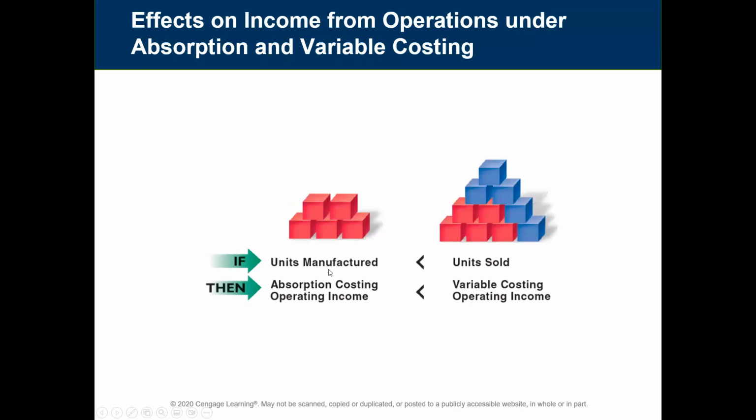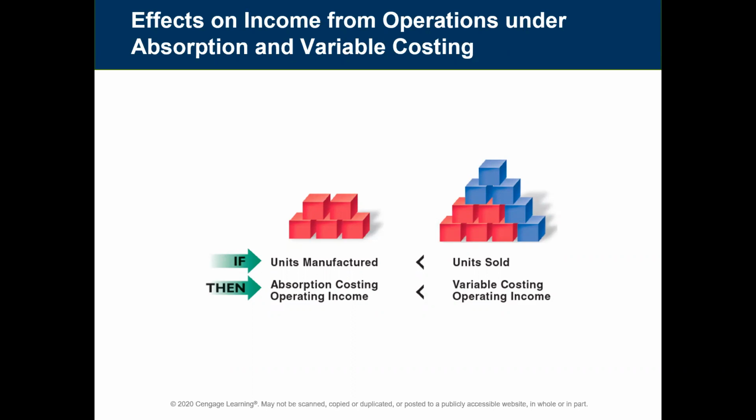And if we produce fewer units than we sell, absorption costing is going to be less than variable costing. So this is just showing you that visually. It's completely related to what happens to those fixed manufacturing costs. Are we shifting costs to the balance sheet that should be reported this period? Or are we shifting costs off the balance sheet that really were from a prior period?